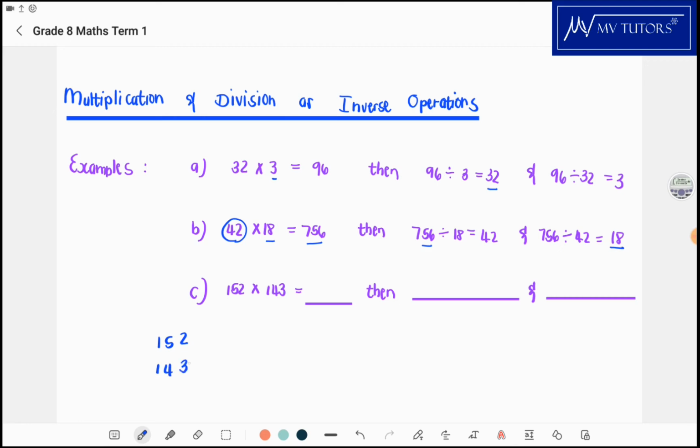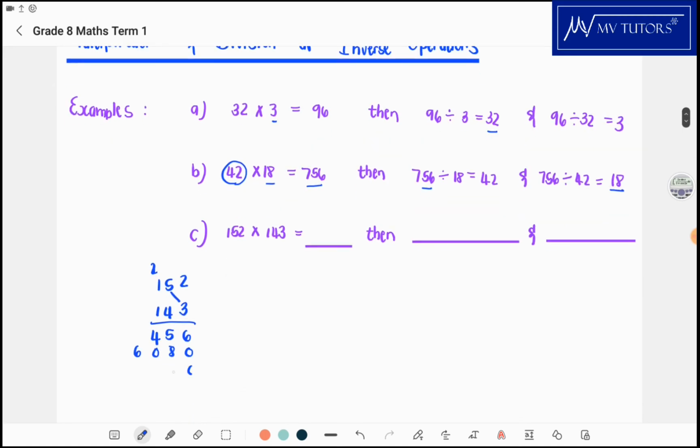So we first start with 3. 3 times 2 is 6. 5 times 3 is 15, carry 1. 1 times 3 is 3, plus 1 is 4, and then we put a 0. 2 times 4, that is 8. 5 times 4, that's 20, carry 2. And 1 times 4 is 4, plus 2, that is 6. And then we put 2 zeros now.